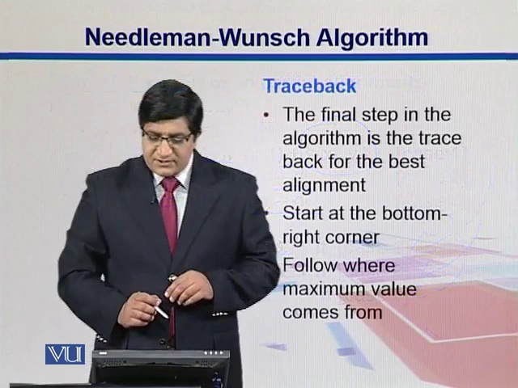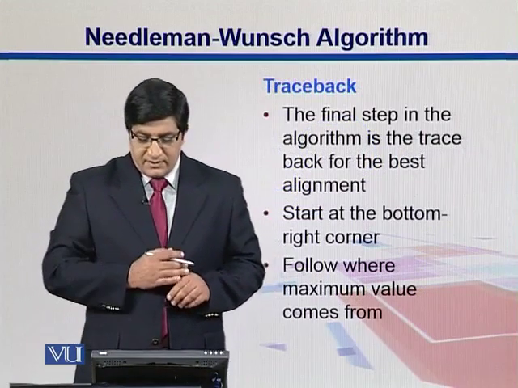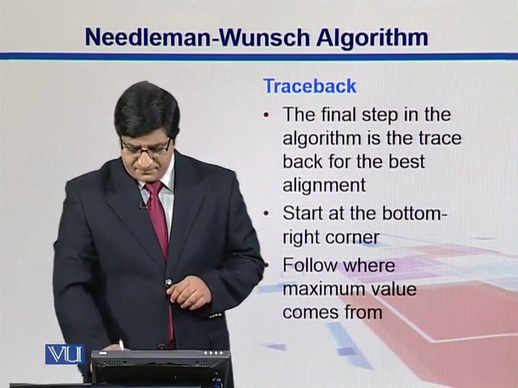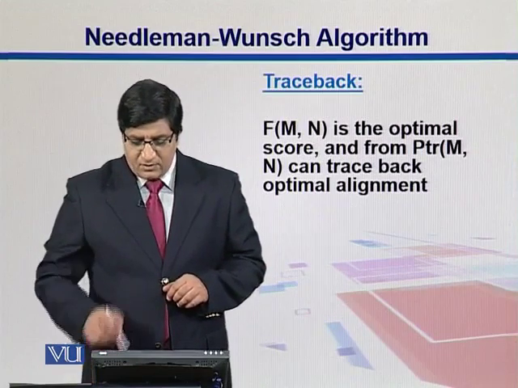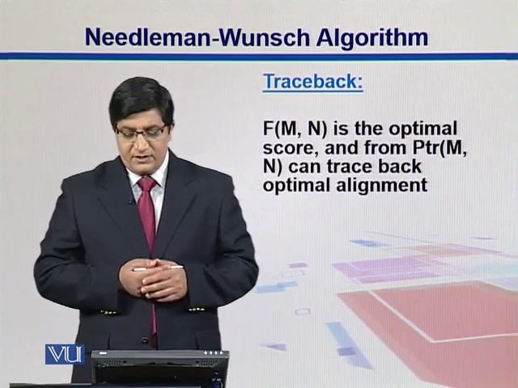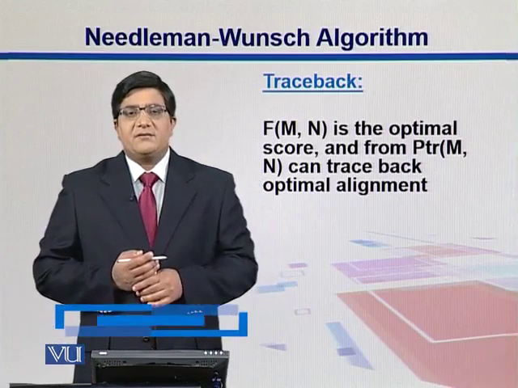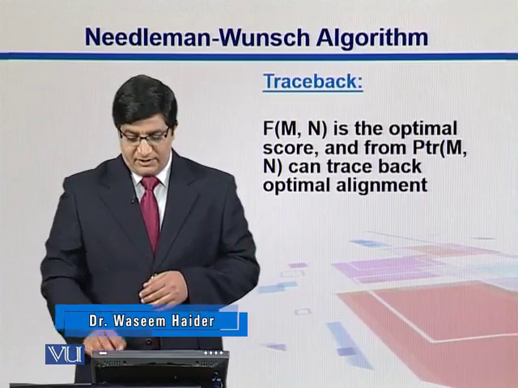So the final step is traceback. That is, we start at the bottom right corner and we follow where the maximum score comes from. And F(M,N) is the optimal score, and this pointer, which is keeping track of your scores, moves backwards, and then it gives you the optimal alignment.